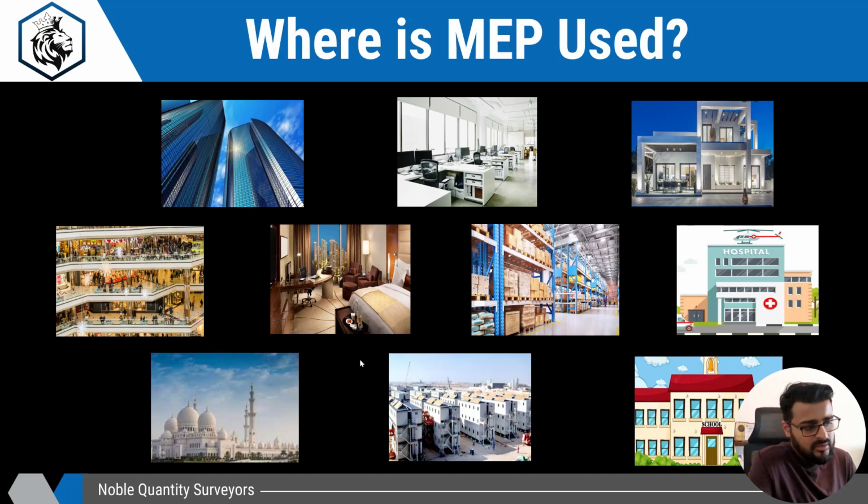On your screen you can see different types of projects, and one more thing: the same systems will not be used in all buildings. The systems will differ based on the requirements of the project.